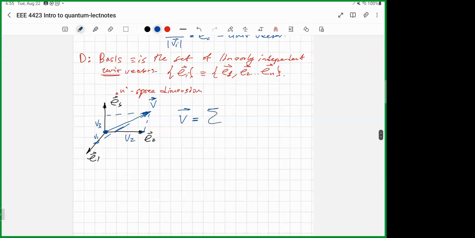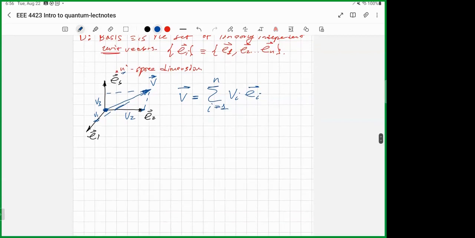It will be the sum over i from 1 up to n, where n is the space dimension, of the projection of the vector, v1, v2, v3, times the vector from the basis e_i. I would write it like this.